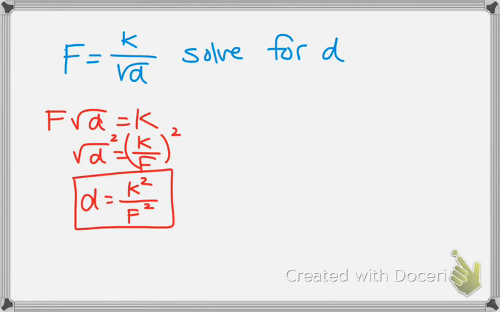Because if you rationalize it, that would be K square root D over D, right?